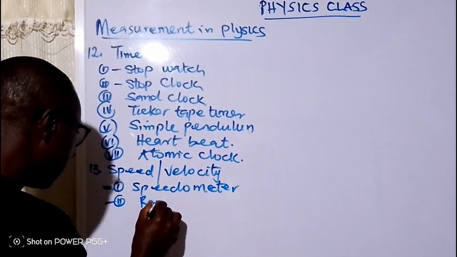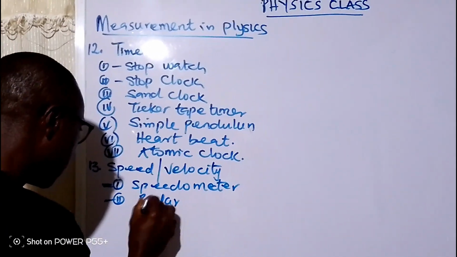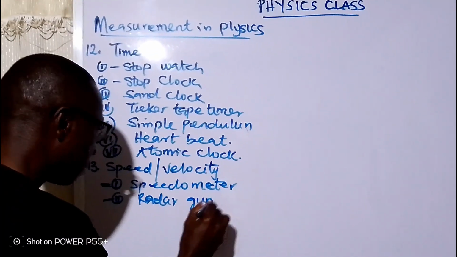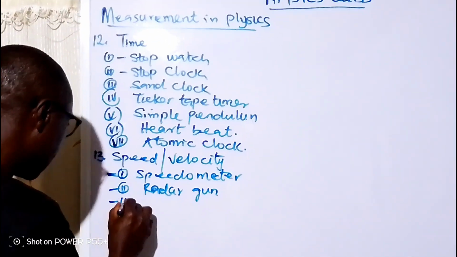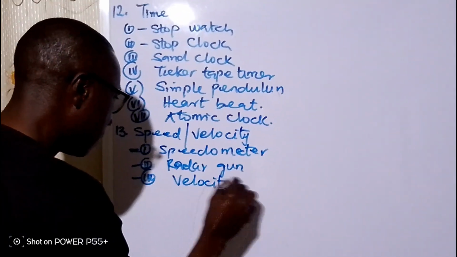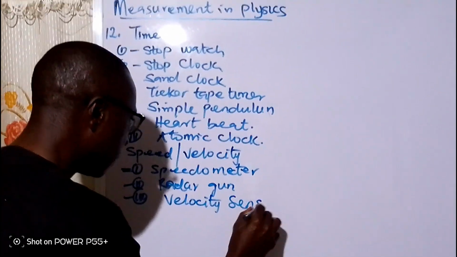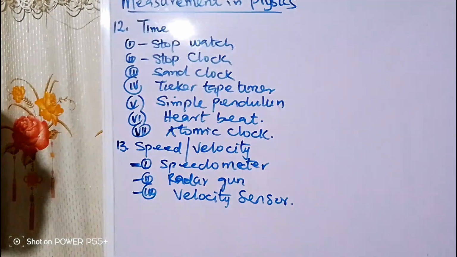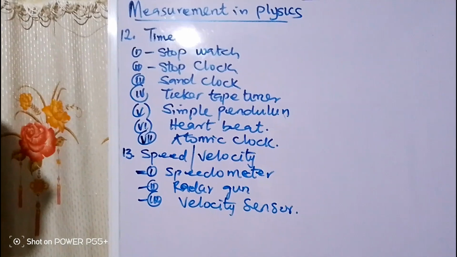Radar gun. Then 3. Velocity sensor. So these are the possible instruments to measure speed or velocity.